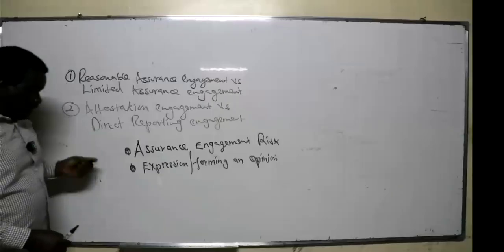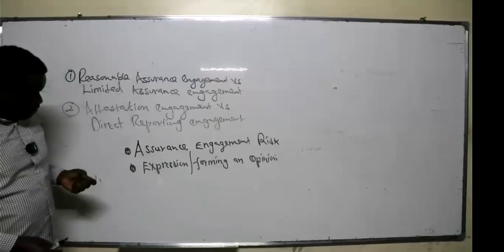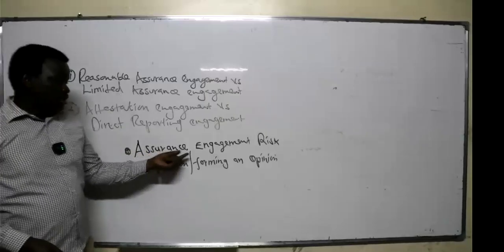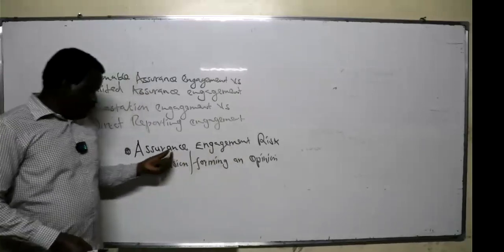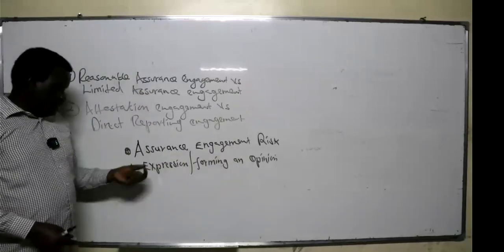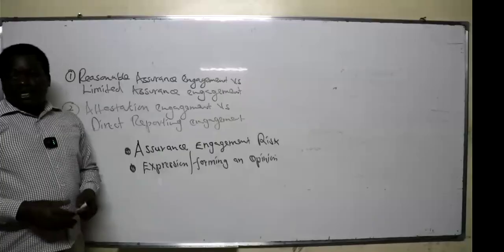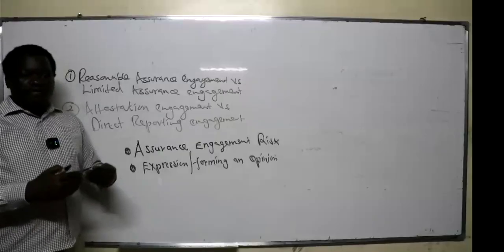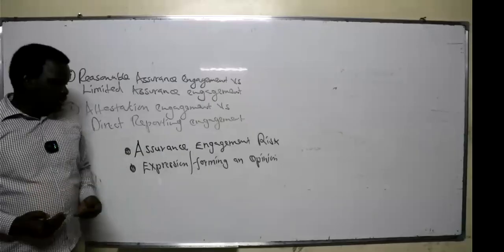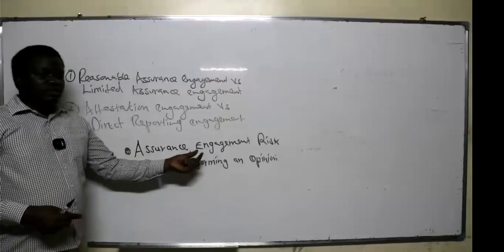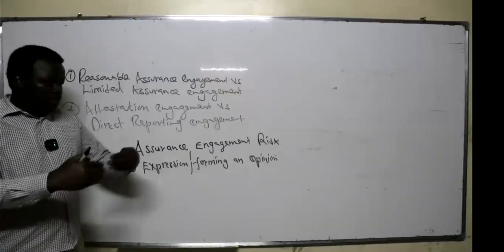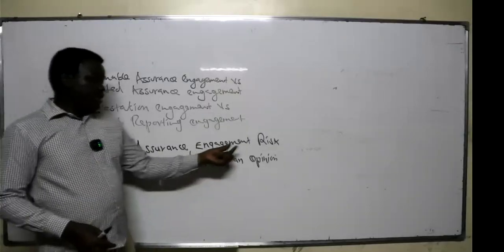So before even defining these wordings, I want us to understand assurance engagement risk. When we began this class, I explained that assurance is anything done to provide some confidence or to give certainty about something. We know an engagement is being given some services or some work to do. Then we have the risk.